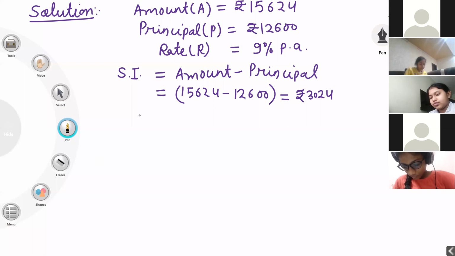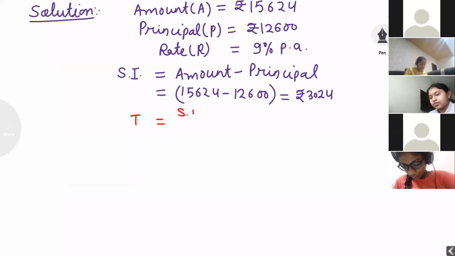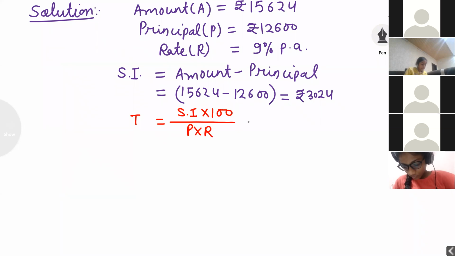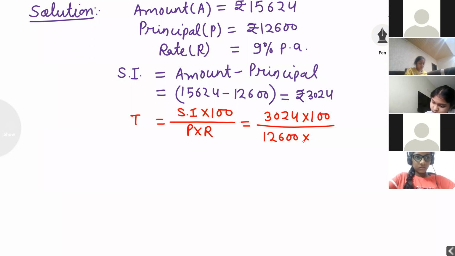Time T is equal to SI into 100 divided by principal into rate. SI is what? 3,024 into 100 divided by principal is 12,600 into rate is 9% per annum. I need to cancel 20 up and 20 down.